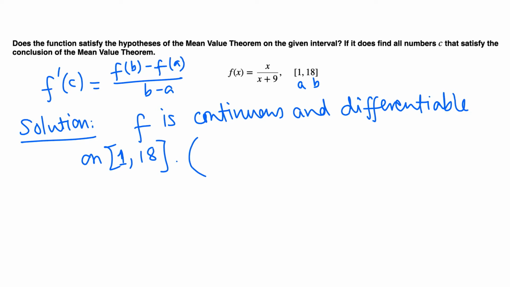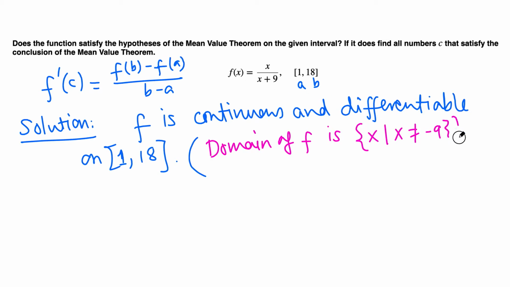So optionally we can write the domain of f is all reals x not equal to -9, because -9 would make the bottom 0, and -9 is not inside 1 through 18. So this function is continuous and differentiable everywhere on this domain, and this is in the domain. Okay, so that part is done.